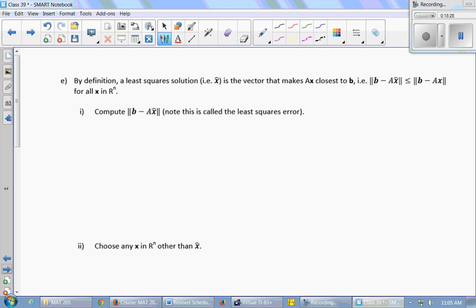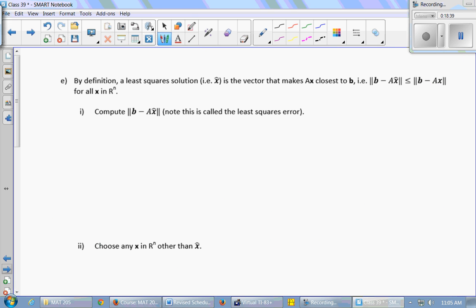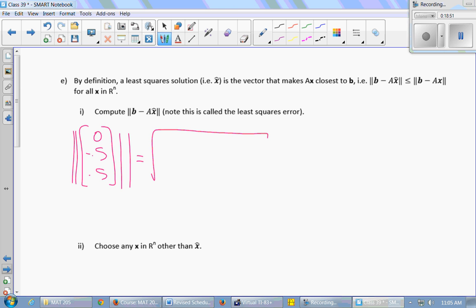B minus AX hat, we already calculated, is Z. Right, so Z is 0, negative 1/2, 1/2. So I want the length of this vector. The magnitude of a vector is the square root of the entries squared, added up: 0 squared plus negative 0.5 squared plus 0.5 squared.